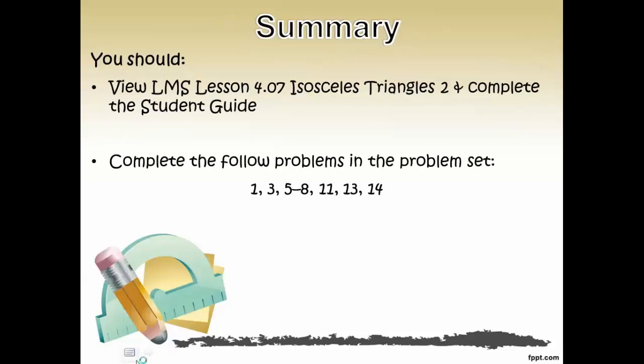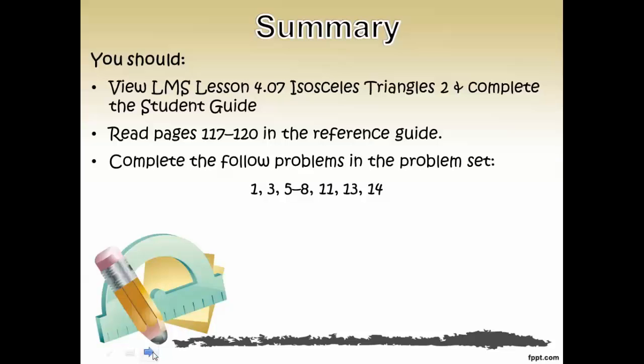What you should be doing when we finish watching this video is read through the LMS lesson on the AAS and HL theorems and complete the student guide. Then read pages 117 through 120 in the reference guide and complete the following problems in the problem set.